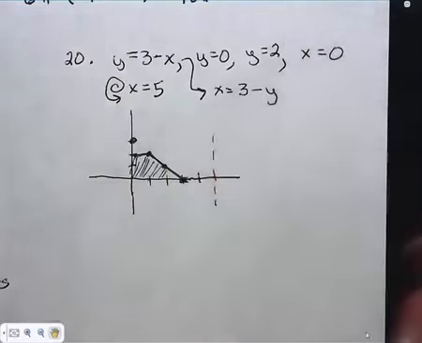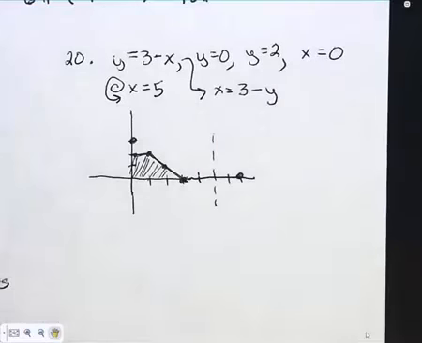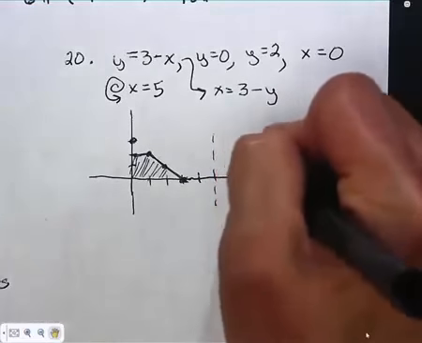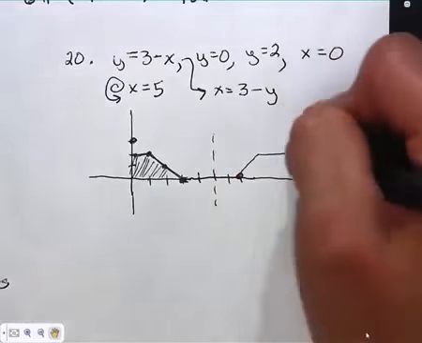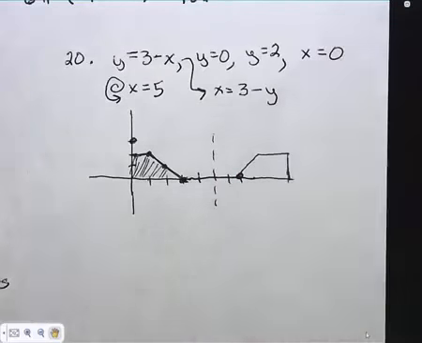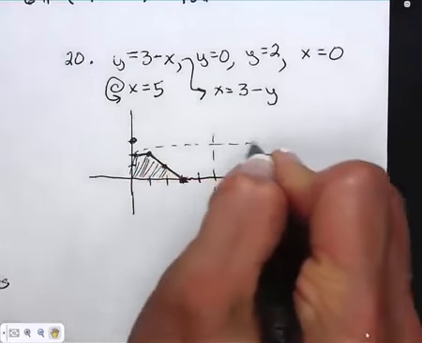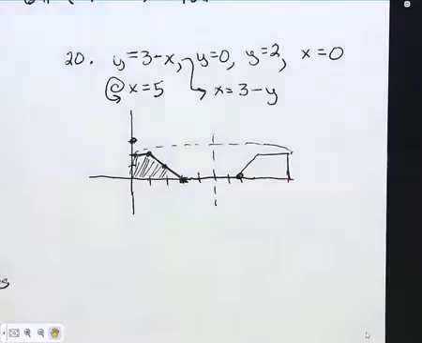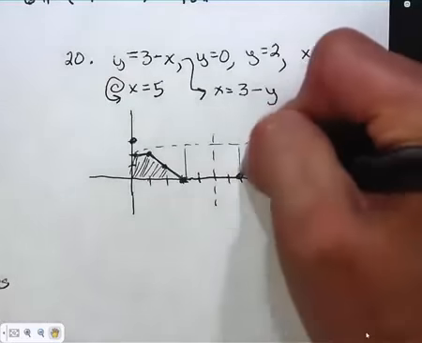And when I rotate that, it's going to be over here. Here's the outer radius. And then here's the part that's being bored out.